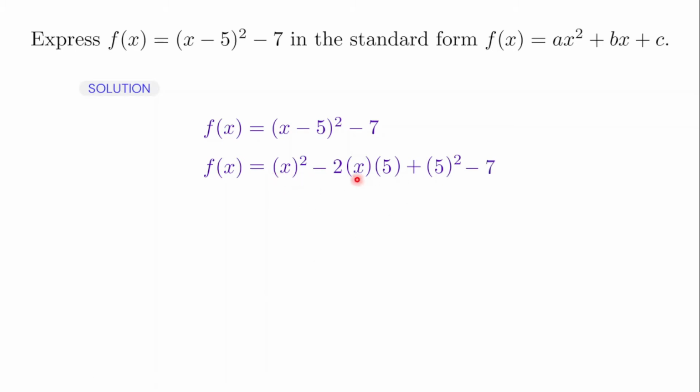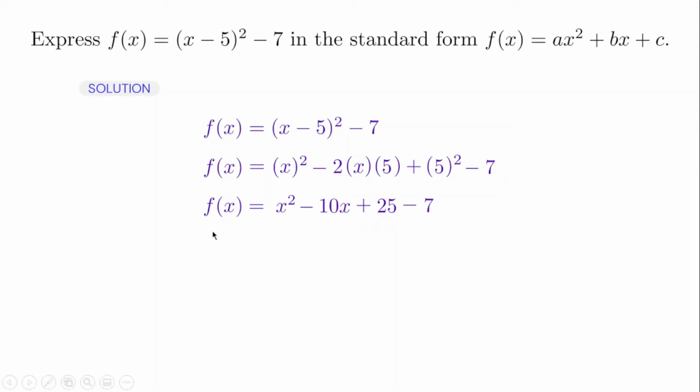Okay, next step we simplify. So we have f of x equals x squared minus 2 times x times 5 is 10x plus 5 squared is 25 minus 7. Next, we add or subtract similar terms.